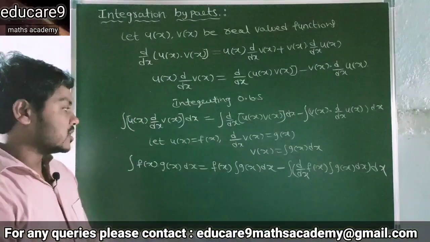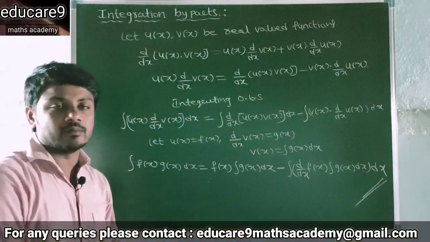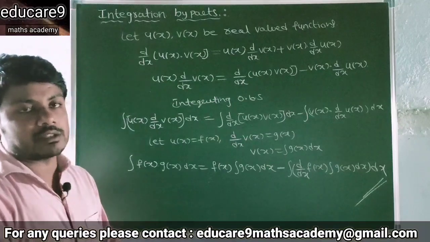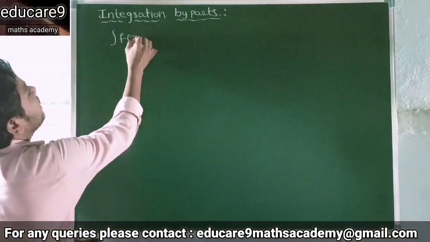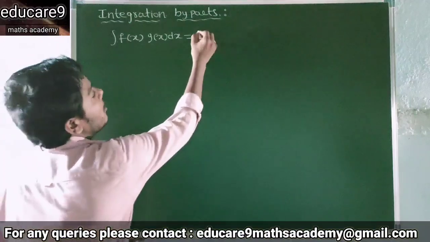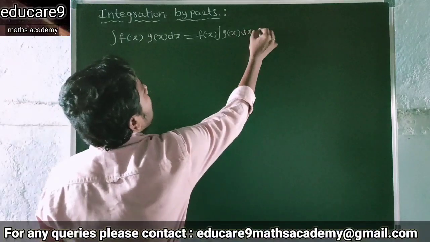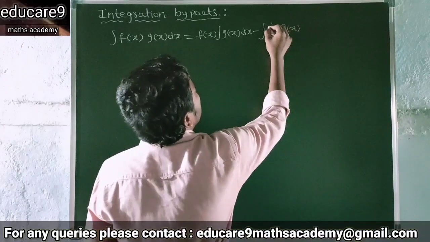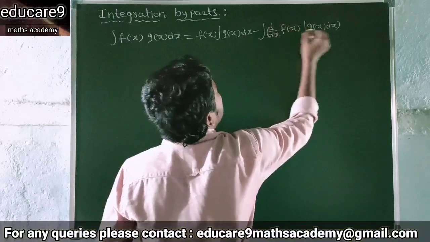So clearly this represents the integration by parts formula. Here f of x is the first function and g of x is the second function. So what is the integration by parts formula? Integration of f of x g of x dx is equal to f of x integration of g of x dx minus integration of d by dx of f of x integration of g of x dx whole dx.